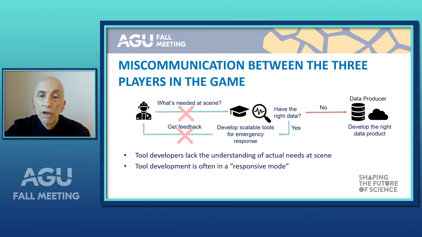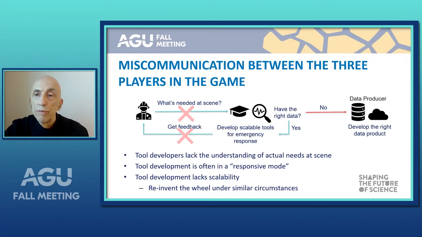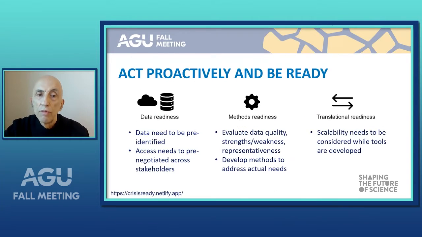Two, developers are also often in a responsive mode rather than proactive mode, as we said before. And sometimes we have to reinvent the wheel under similar circumstances, which, of course, needs to be avoided. So we need a way to act proactively and be ready. Data need to be pre-identified.